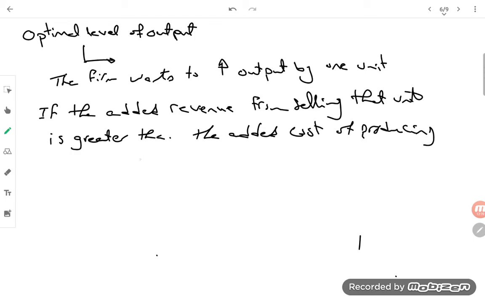So once again, we would like to identify the optimal level of output. If you would like to increase production by 1 unit, you can do this if the added revenue from selling that additional unit is greater than the added cost of producing them.